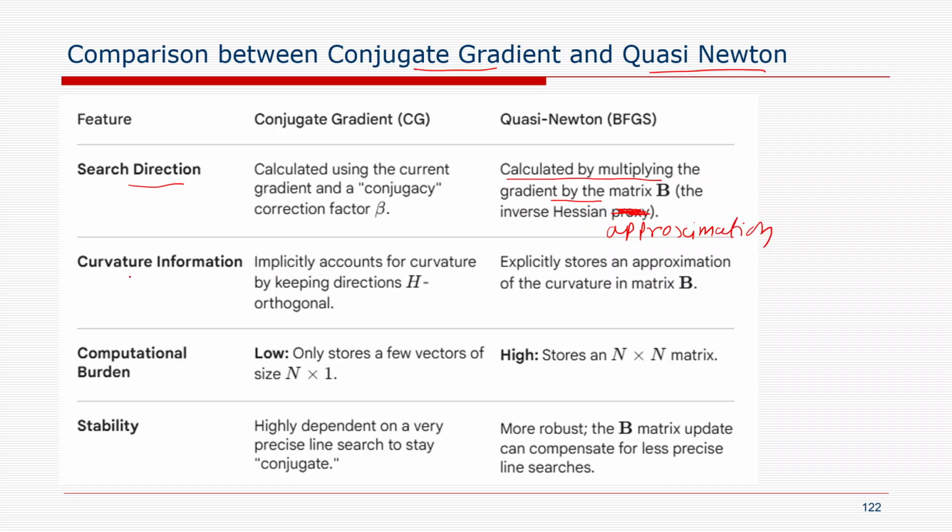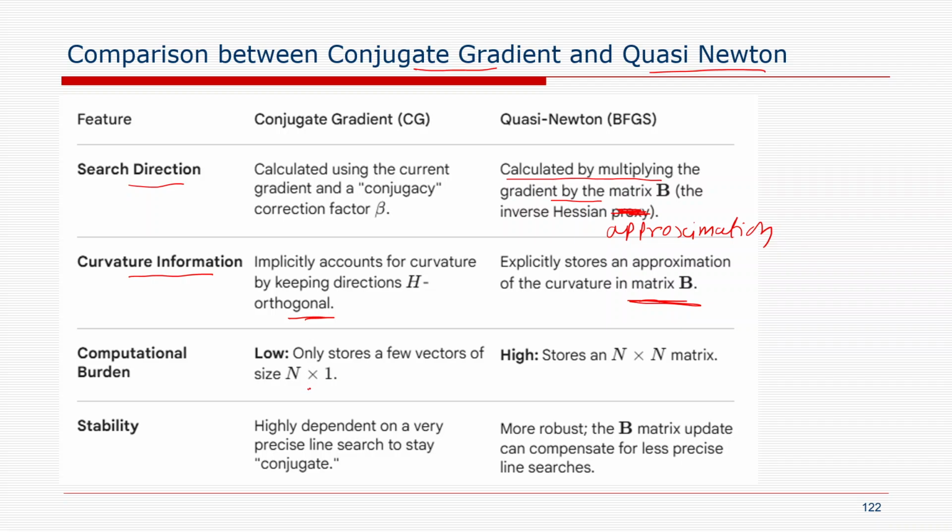And then curvature information. The conjugate gradient implicitly accounts for the curvature by keeping the directions orthogonal. That is second order information. And here, quasi-Newton explicitly stores an approximation of the curvature in matrix form. In conjugate gradient, the computational burden is very low because we store only a few vectors.